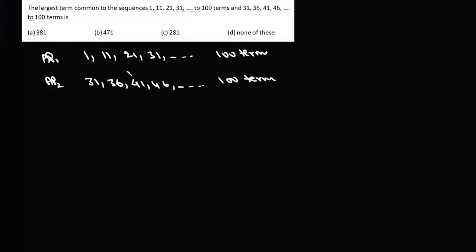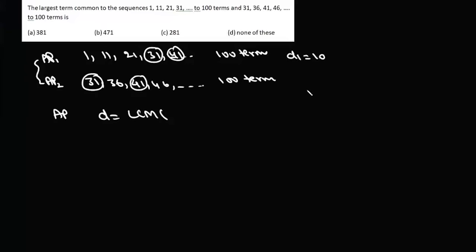Now the terms common to both the series, 31, 41, will also form an AP whose common difference is the LCM of the common differences of the two APs. The common difference of the first AP is 10 and of the second AP is 5. So we need to find the LCM of 10 and 5, so it will be 10.